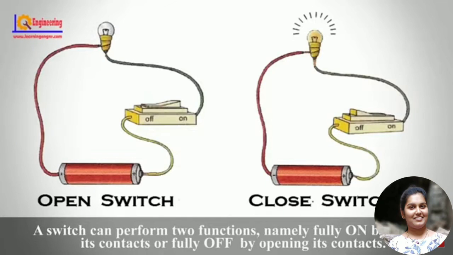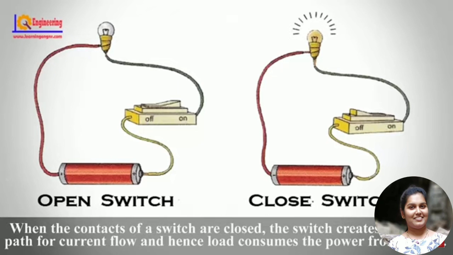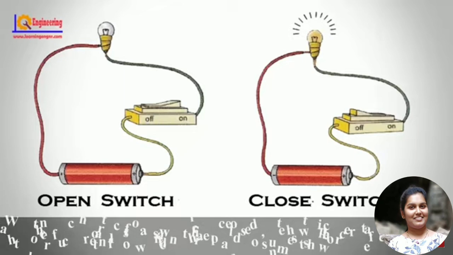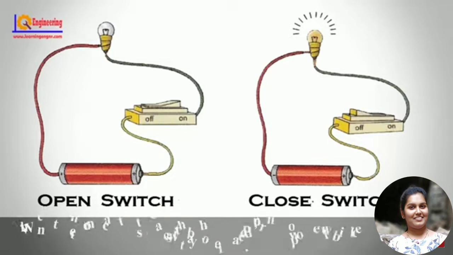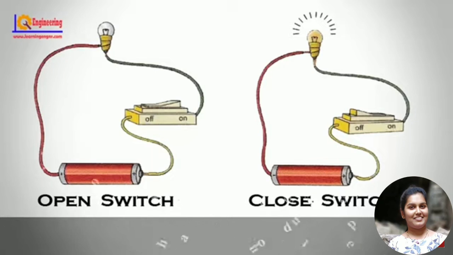A switch can perform two functions, namely fully on by closing its contacts or fully off by opening its contacts. When the contacts of a switch are closed, the switch creates a closed path for current flow and hence the load consumes power from the source. When the contacts of a switch are open, no power will be consumed by the load.